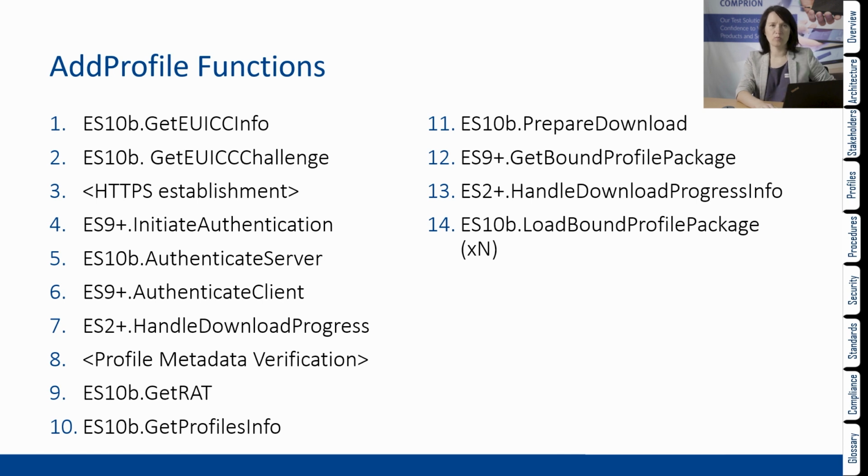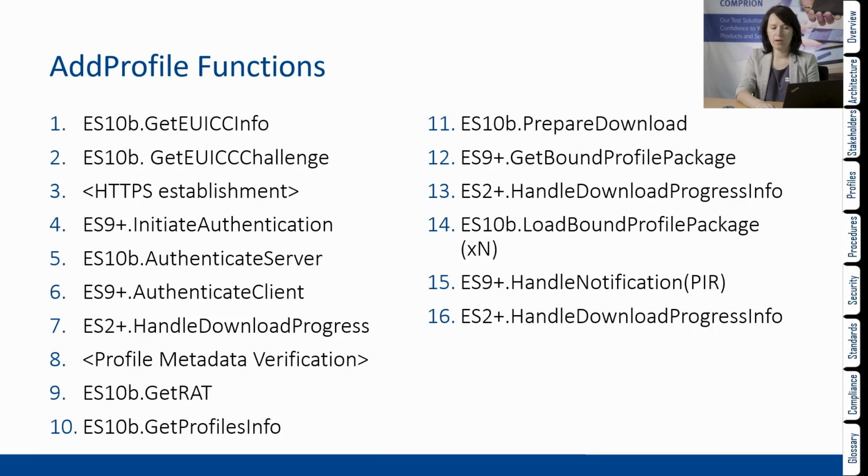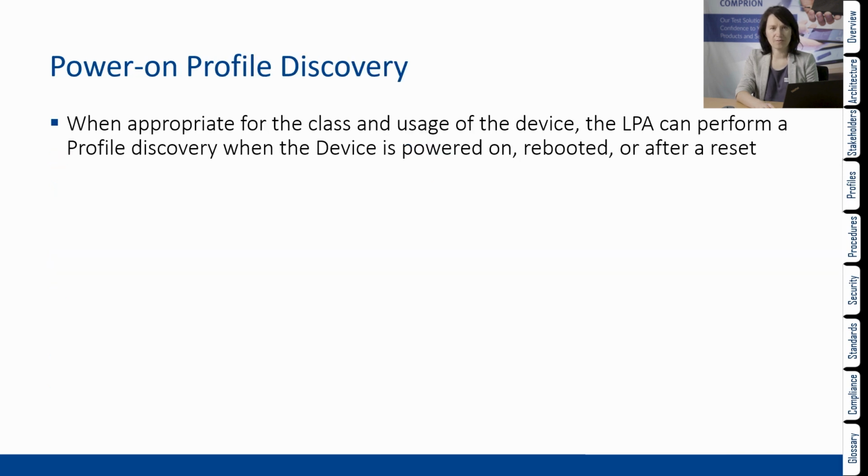Okay, these are the add profile functions, especially the handle notification at the end, so with the profile installation result, and the handle download progress info to the operator. All of the notifications have to be removed at the end, and that's all.